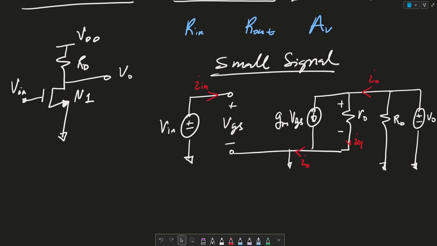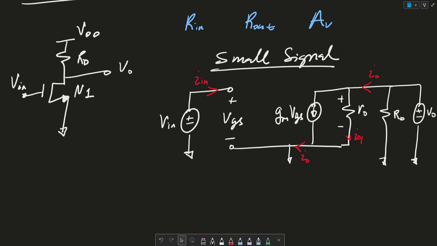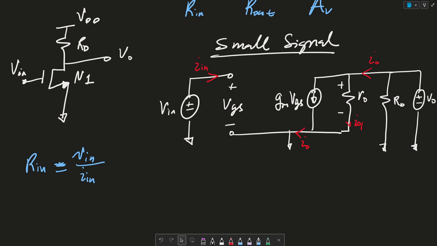So with that being said, we can talk about the Rn, the input resistance or input impedance, which is equal to Vn over In. And we know that In is equal to 0 simply because no current flows through this gap because it's an open circuit.